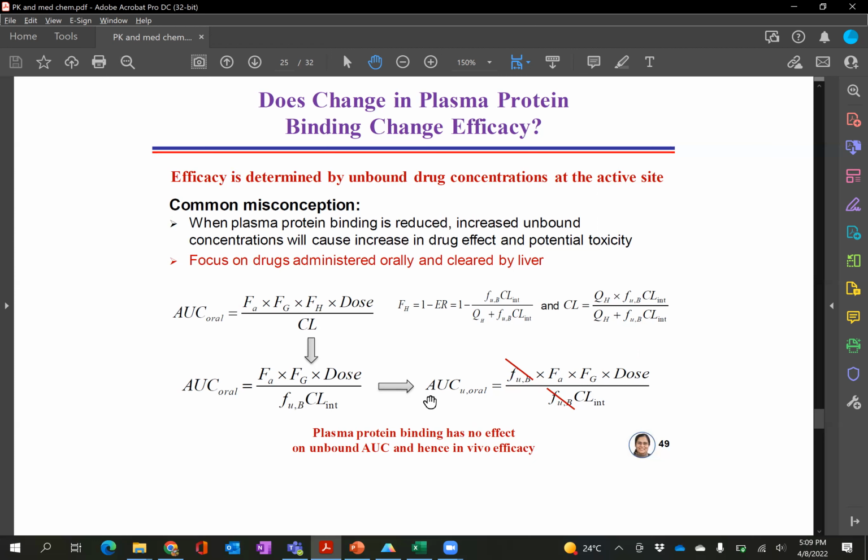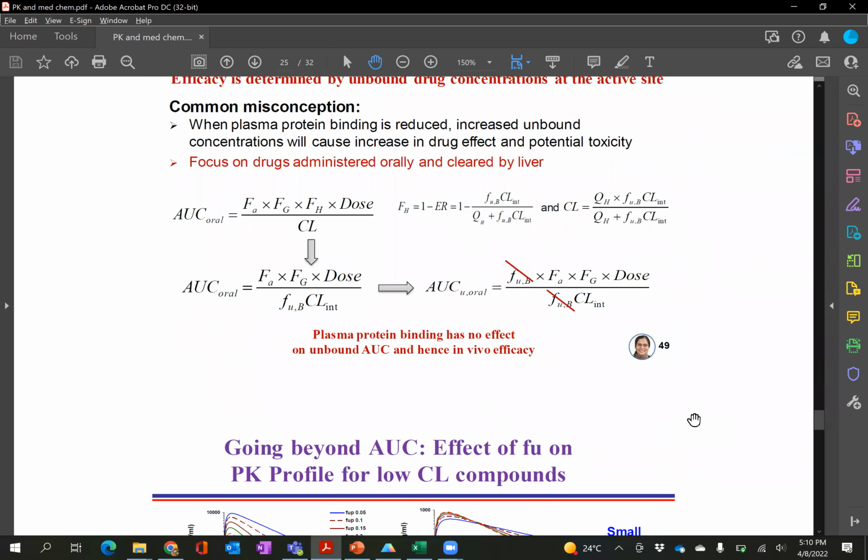Or the unbound AUC you can easily calculate as AUC times the unbound percentage. So if you know this one and this one, you can calculate the FA, FG.